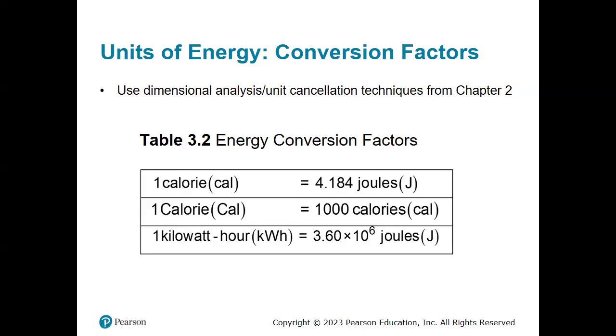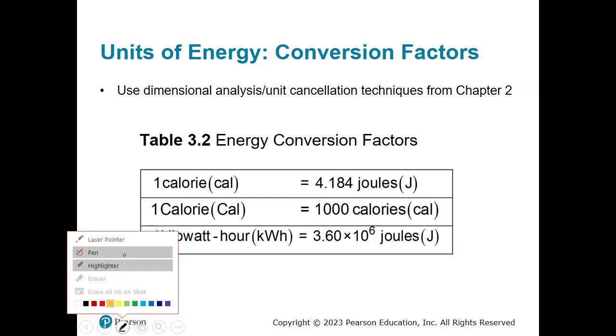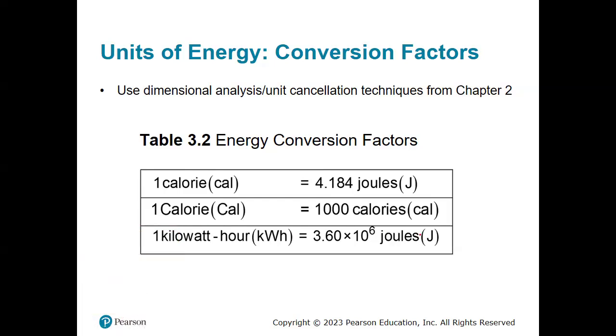For conversion purposes, to do conversions from one energy unit to another, we're effectively going to use dimensional analysis just like we did in chapter 2. Now, your book includes this kilowatt hour conversion to joules.